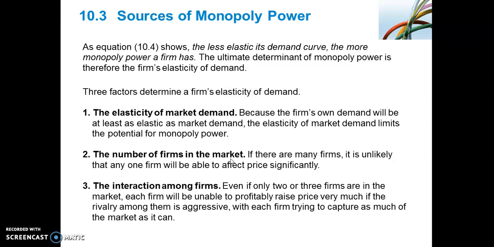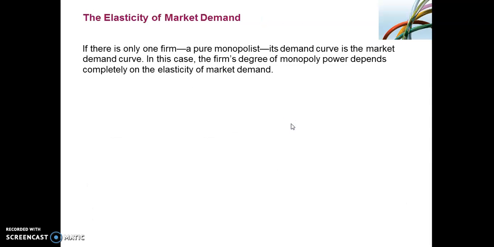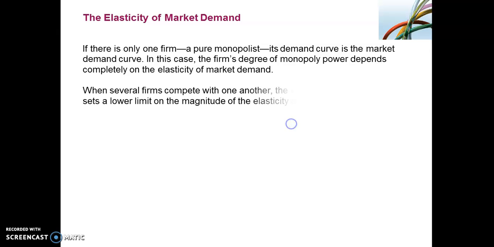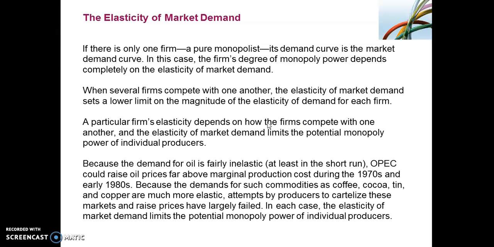The resulting impact is that each firm is unable to profitably raise the price very much because that rivalry amongst them is quite aggressive. So the interaction amongst firms is also quite important. Now we'll look at each of these factors individually. As the notes are quite extensive on these three factors, please also spend the time reading through them.